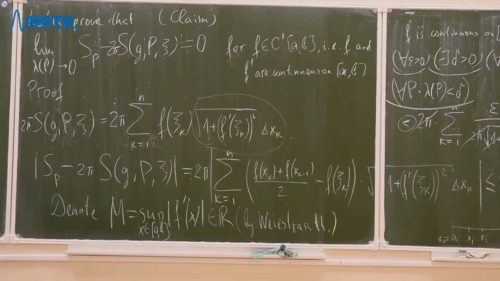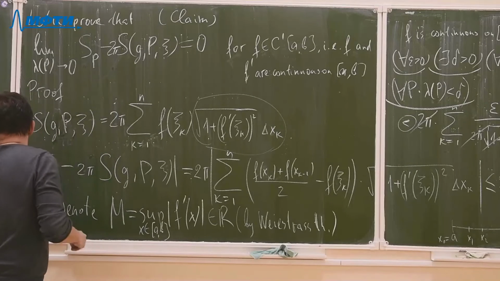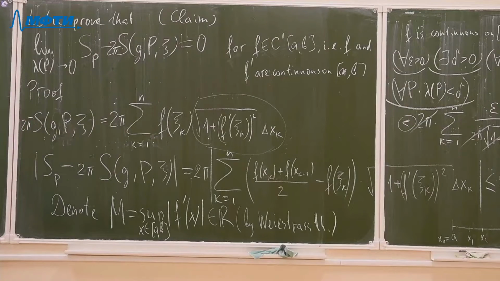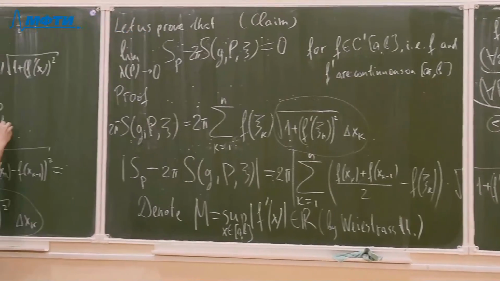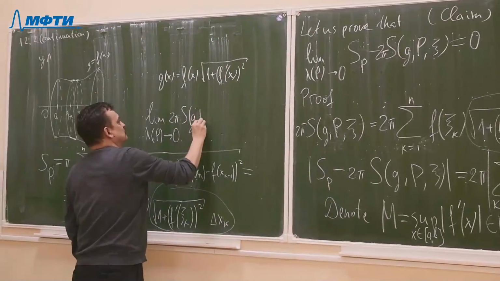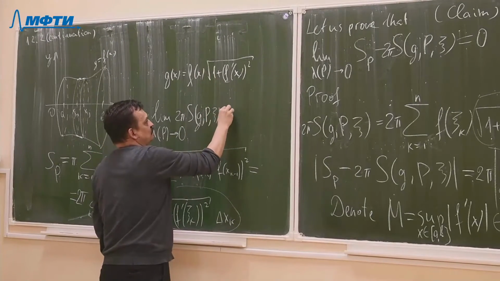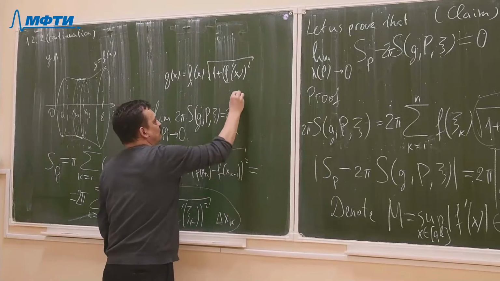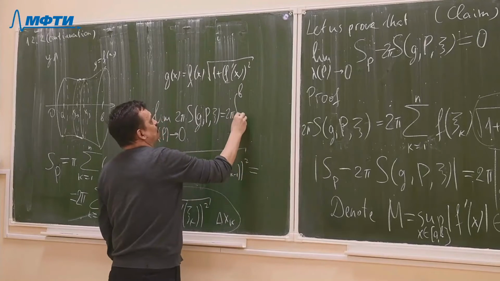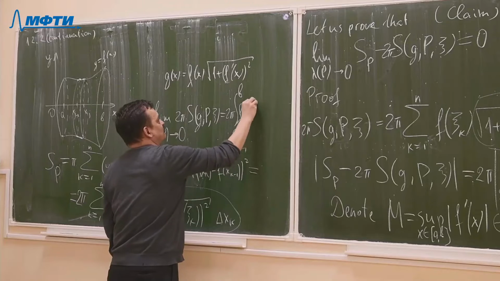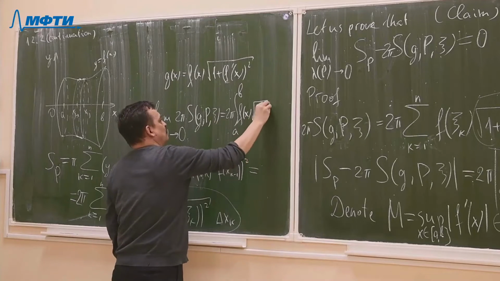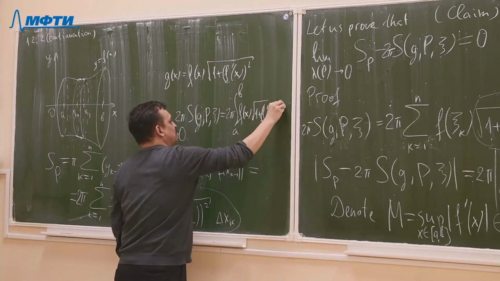And why is it interesting for us? Because as we know, the limit as the norm of the partition tends to 0 of integral sums for such a continuous function is equal to the integral. So 2 pi integral from a to b f of x square root of 1 plus f prime of x squared dx.